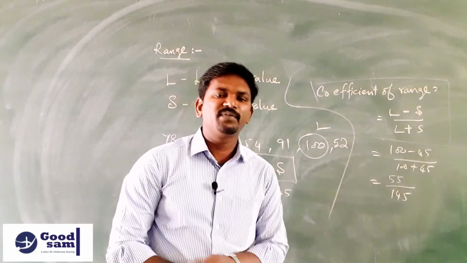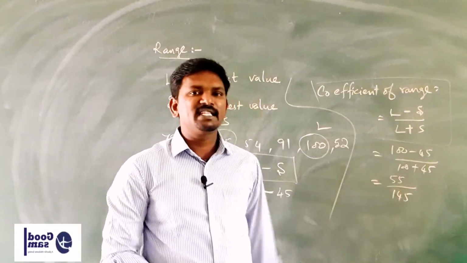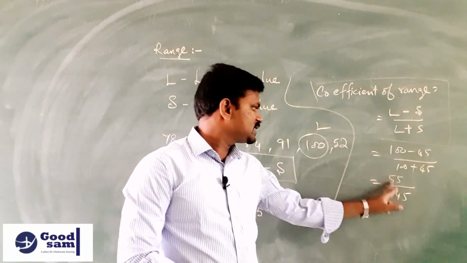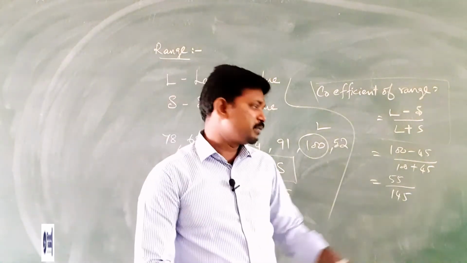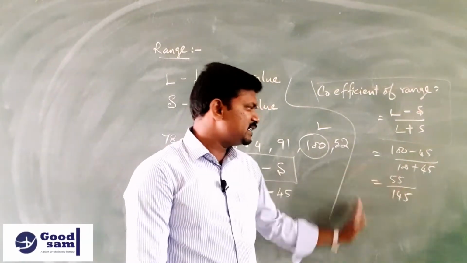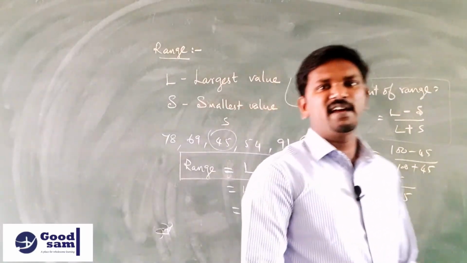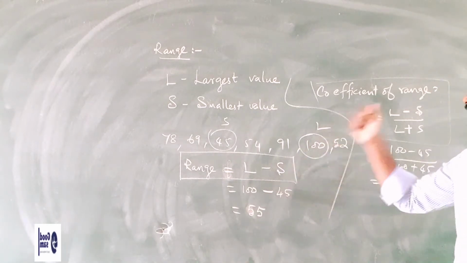So think, always the coefficient of range will be less than 1, because this will always be a proper fraction. The numerator will be smaller than the denominator. So always it will be less than 1. Okay, so this is the method to find the range and coefficient of range.